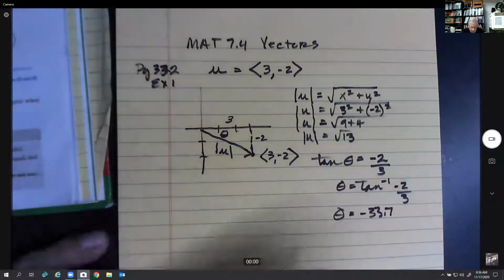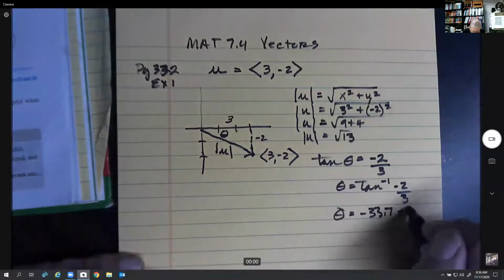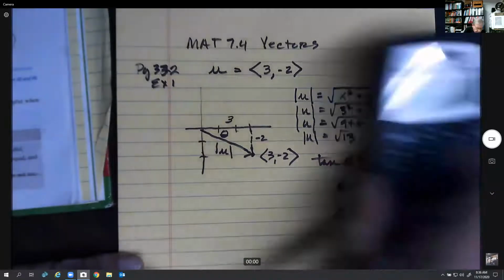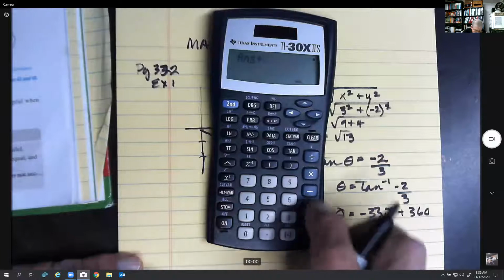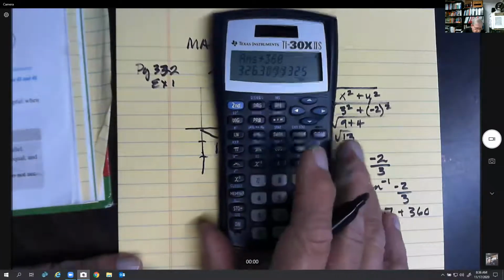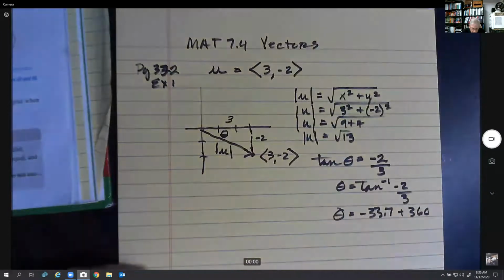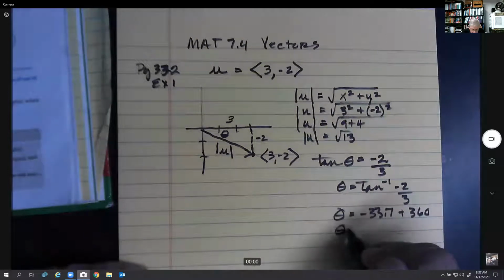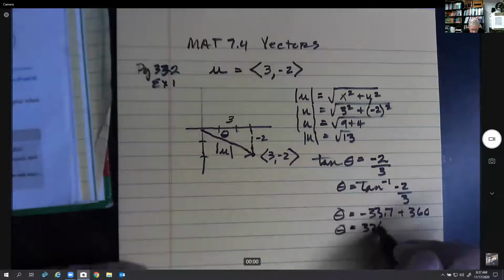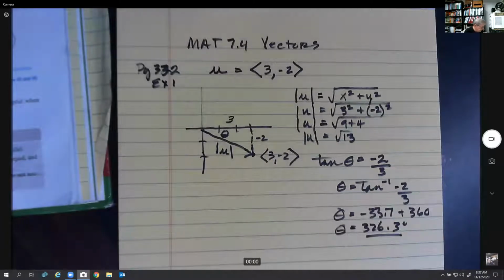A lot of times, however, we want the angle as being positive, so we're going to add 360 to that to get a positive angle. So that's 326.3, or you can just round it off to 326. Well, we're right at this 326.3 degrees. So that's your angle.